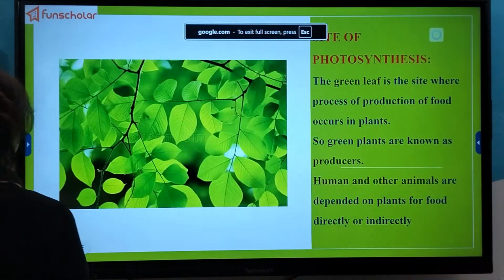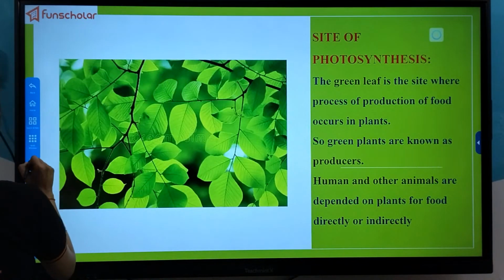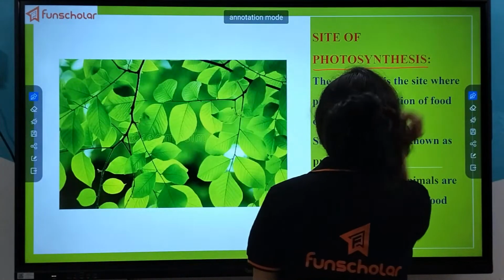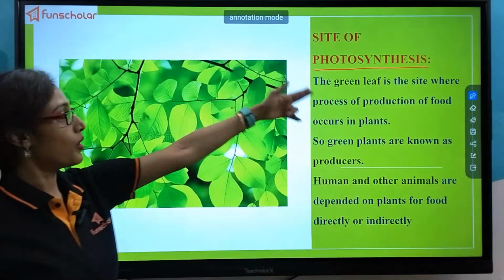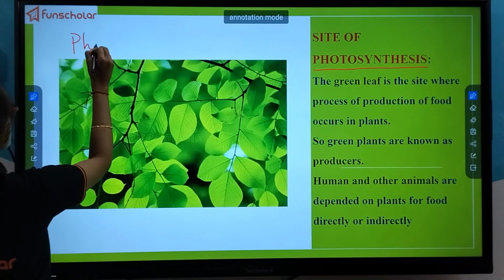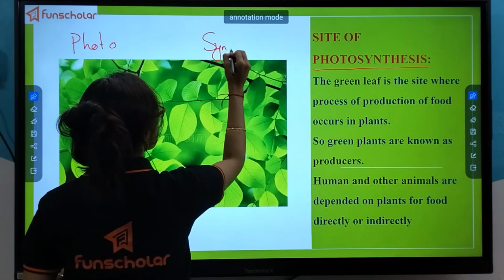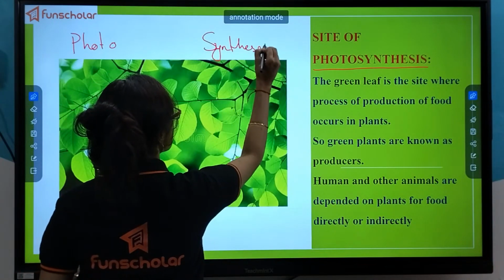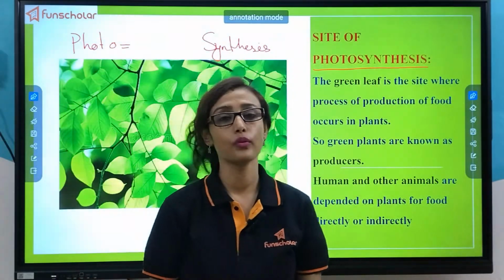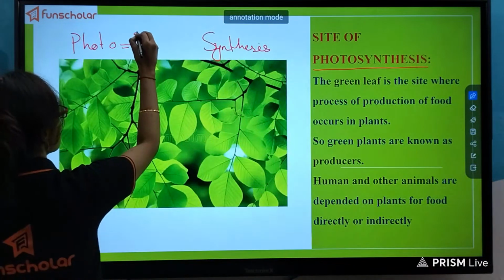Now comes the site of photosynthesis. So let me give you a brief idea about the terminology photosynthesis. If I break the word photosynthesis into two parts, first is photo, second is synthesis. Photo here means what? Picture? No, it means light. Which light? Sunlight.